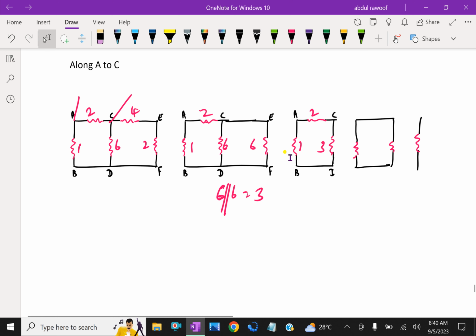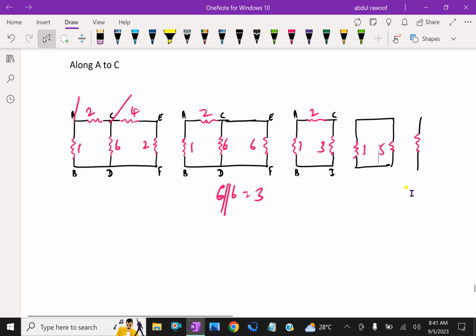Then 1 and 3 are in series, and we can say A, C, that is 1 and 3. Here it's 1. It is 5 here.